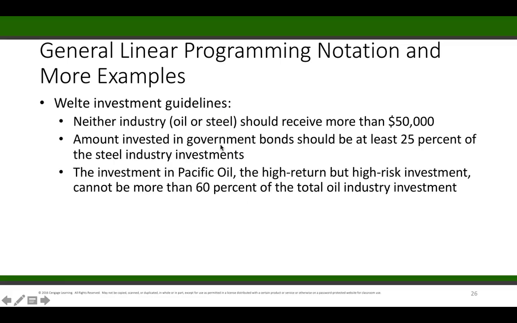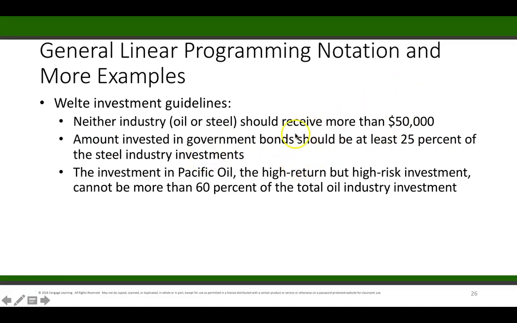Now let's come to the slightly more exotic constraint. This one says amount invested in government bonds should be at least 25% of the steel industry investments. So the total investment that you have in steel industry. So the amount invested in government bonds should be at least 25%. So at least means it should be 25% of that or more.